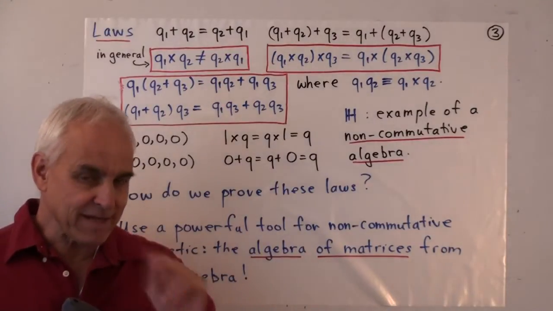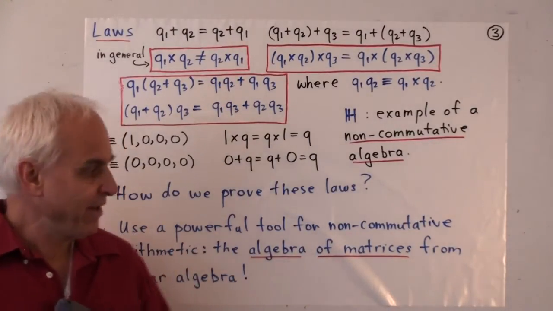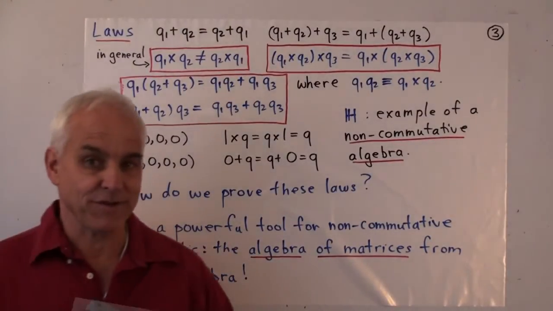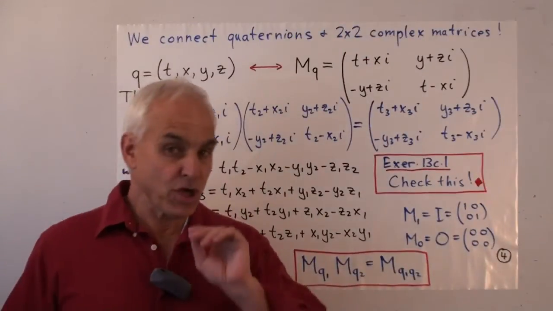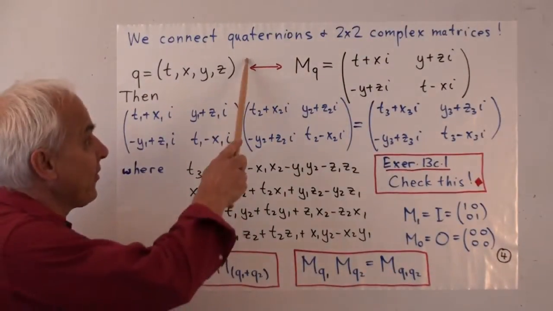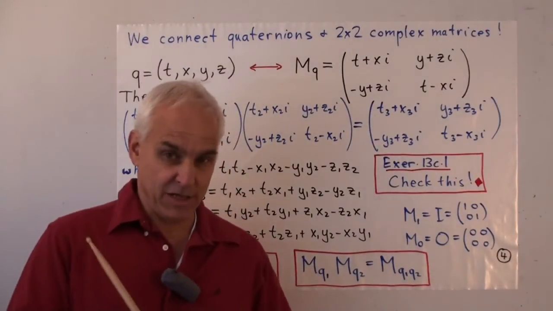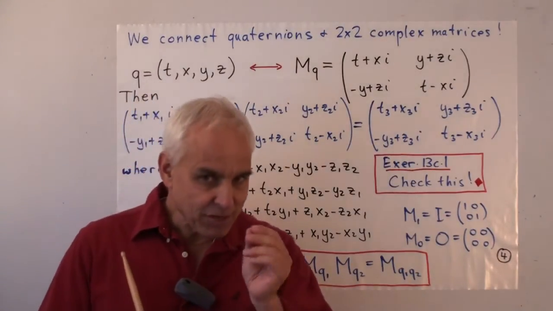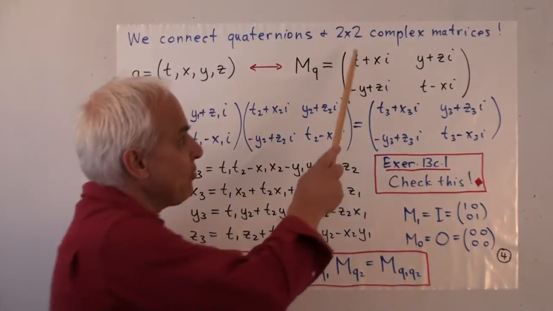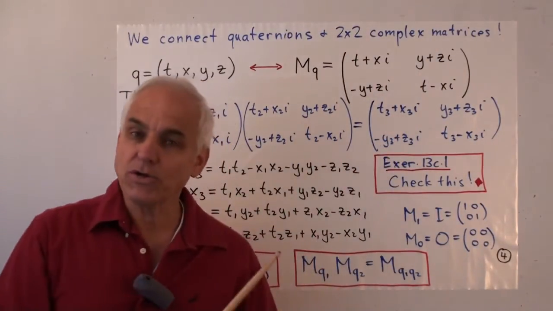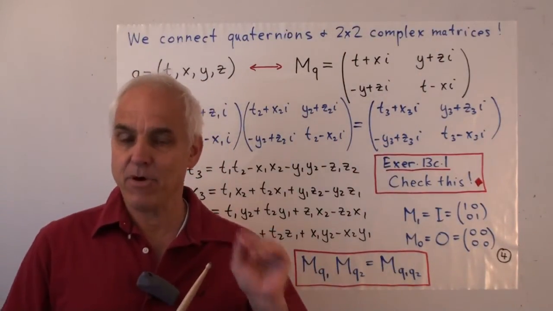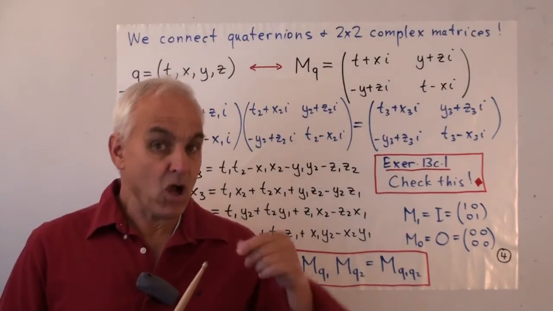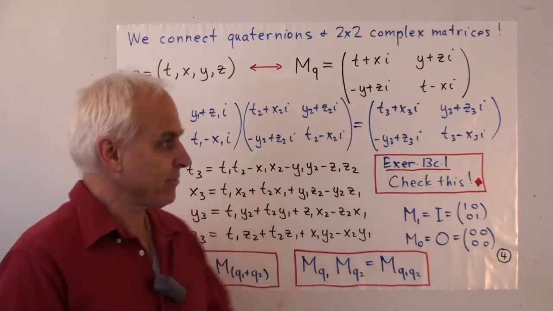So we're going to employ that same technique here, and it's a very powerful principle, very effective in this particular situation. So we're going to connect quaternions with the simplest kind of matrices, the 2 by 2 matrices. But there's a slight twist in that the 2 by 2 matrices that we're going to deal with are going to have complex number entries. Not just rational numbers, but complex rational numbers.